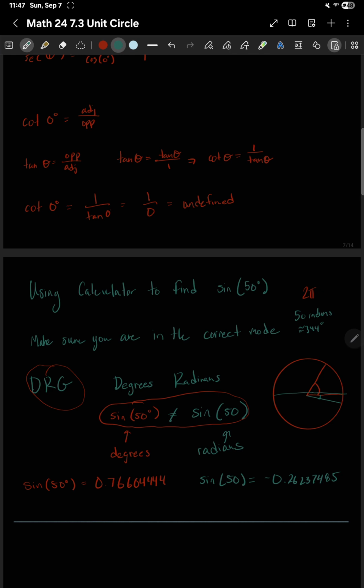Just make sure that if you're using your calculator to calculate degrees, your calculator's in degree mode. If you're trying to calculate radians, make sure your calculator is in radians, because all you do on a calculator is put in 50. You never specify degrees, right? So look for something on your calculator that says DRG, and that's how you change from degrees to radians.